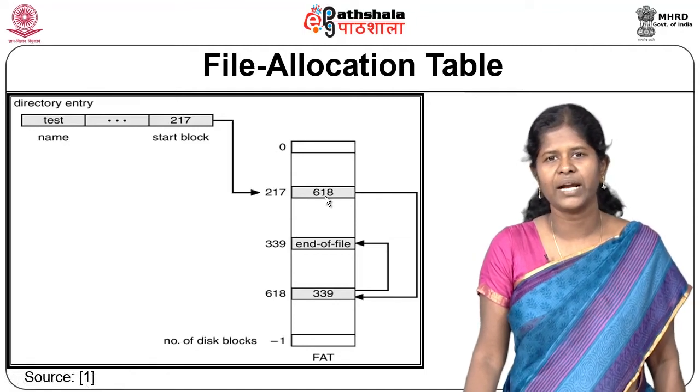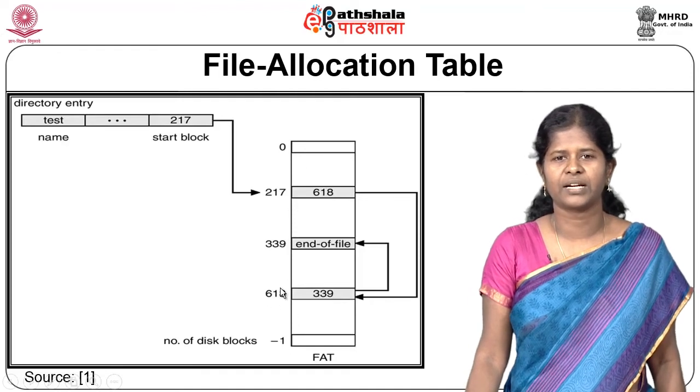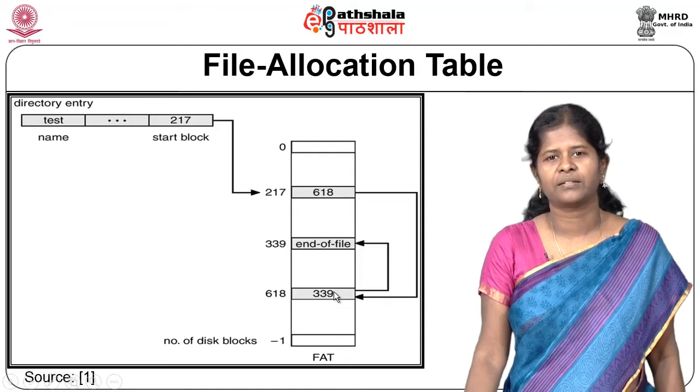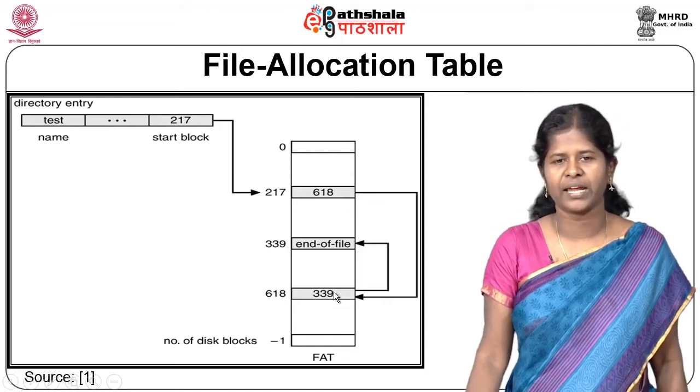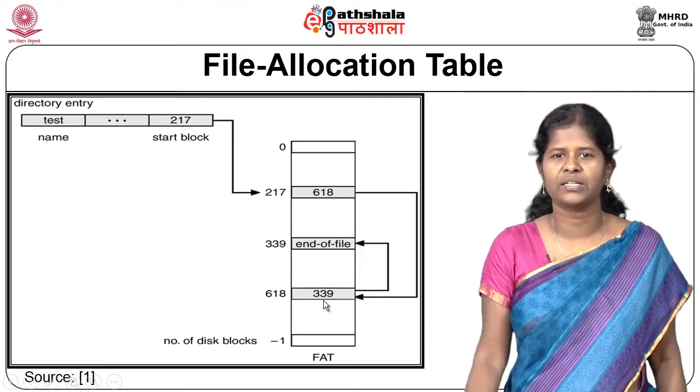Now, to find the third disk block of that file, look into the 618th entry in this FAT. You find that it is 339, so the next disk block is 339. To find the next disk block, look at the 339th entry.